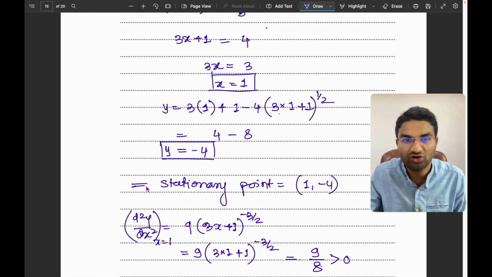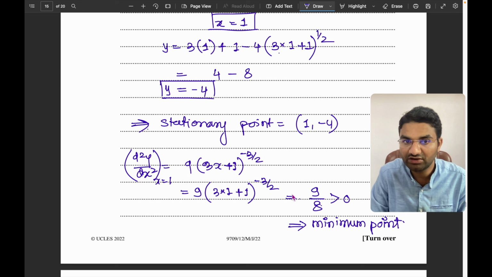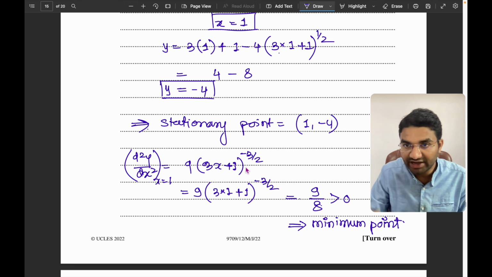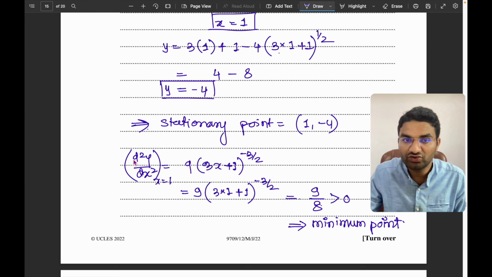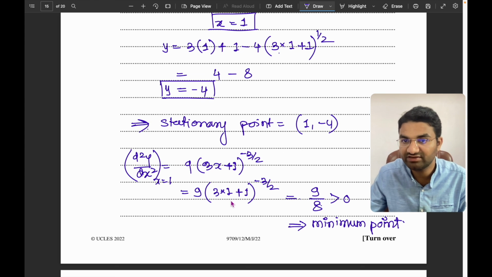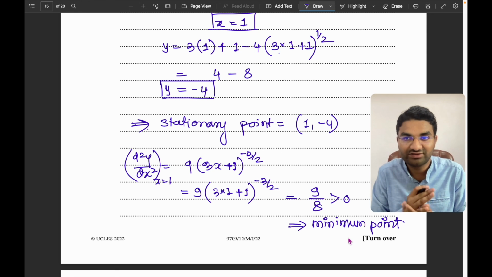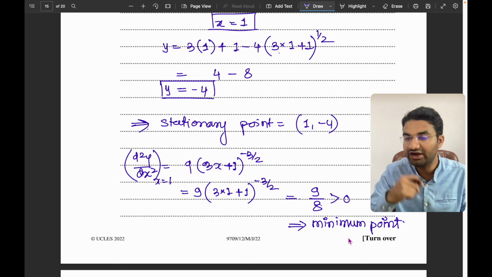So the stationary point is 1 comma negative 4. To determine the nature, we take d2y by dx square and put x is equal to 1, and I got 9 by 8 as the value. So this is a minimum point. Okay, so that's it. This is how you have to solve it.